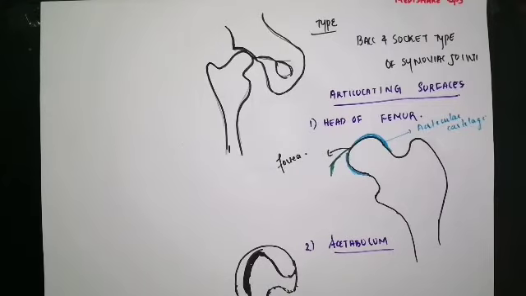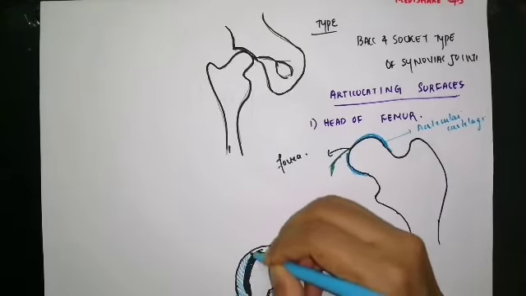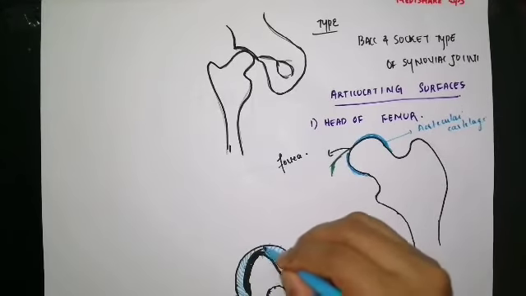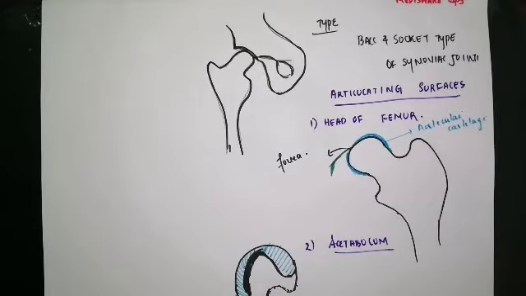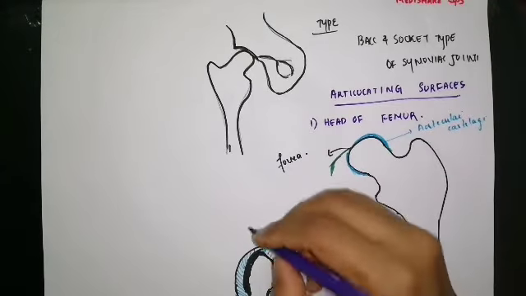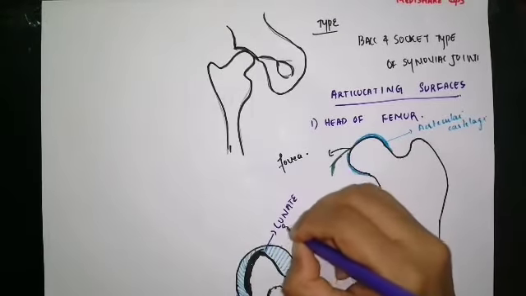This articulating surface is covered with articular cartilage. This surface, which is the articulating surface of the acetabulum, is known as the lunate surface.